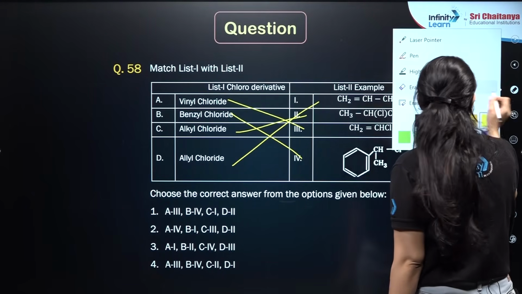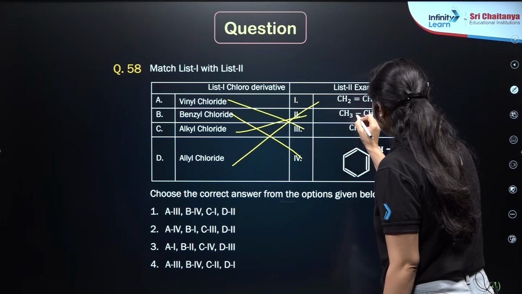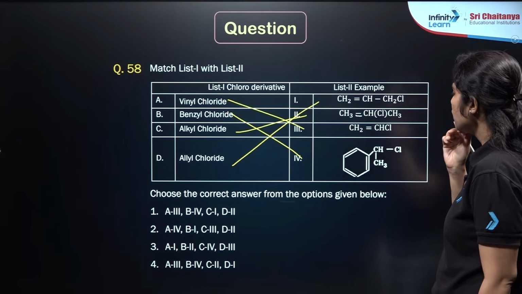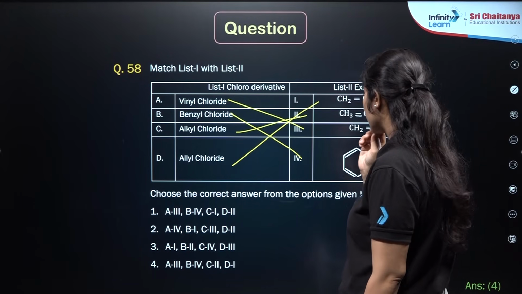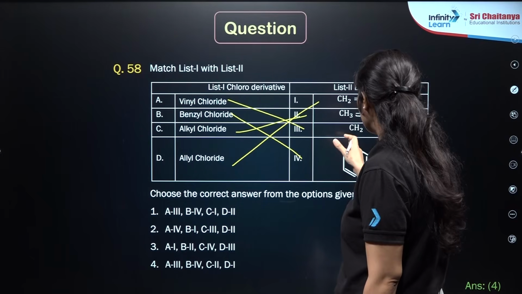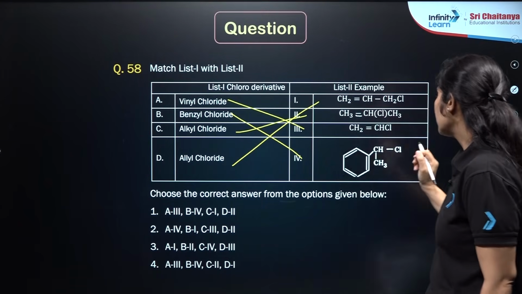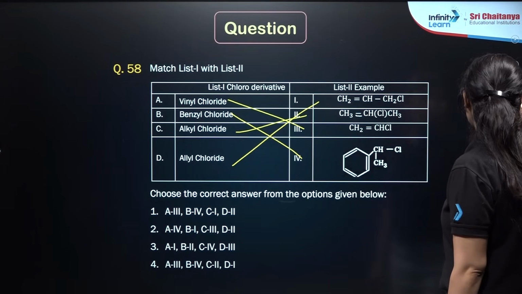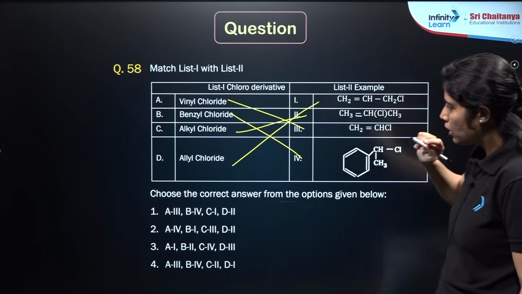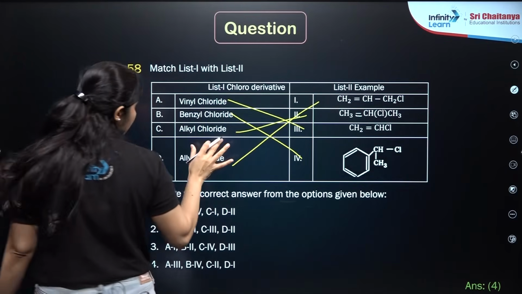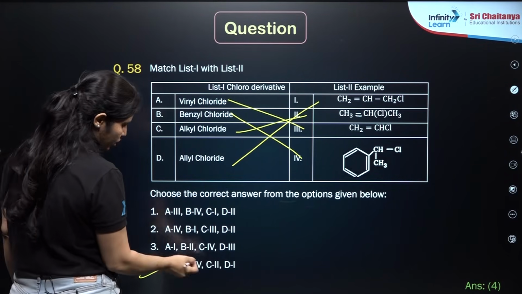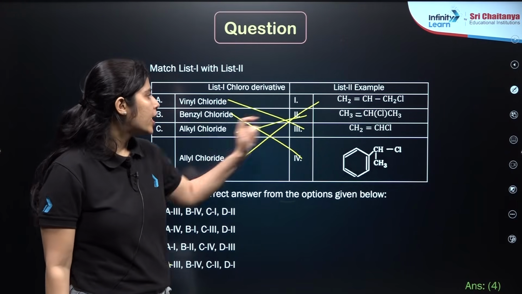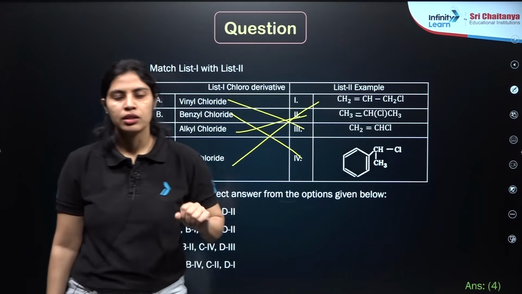Here they forgot one double bond, I think. I think one more thing they could have given here is a cyclic ring, that would have been much better. There is a little bit of a problem with the question. Otherwise, with respect to what is given to us, option 4 is going to be correct. But for allyl and benzyl, we should have them present as a part of a chain, which is not given.